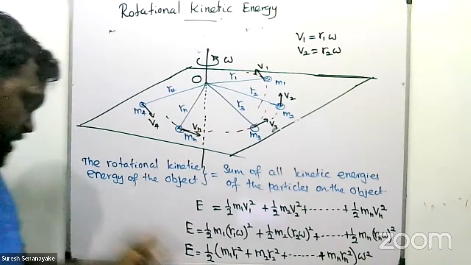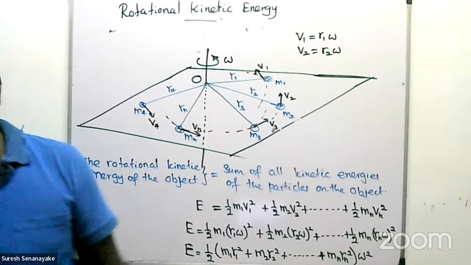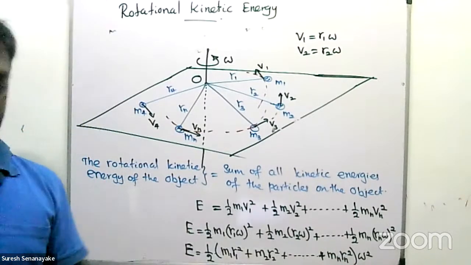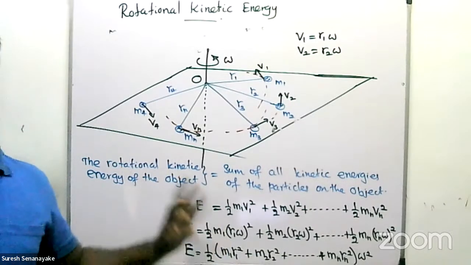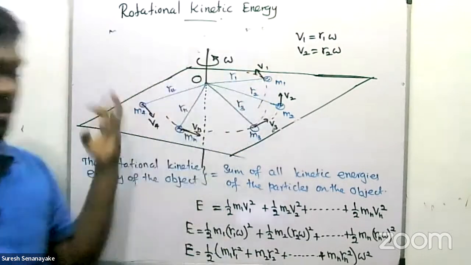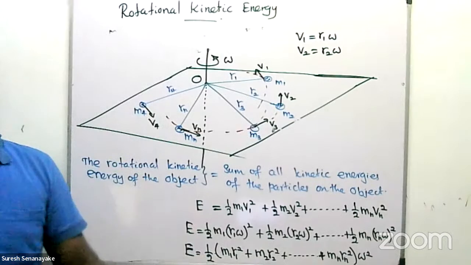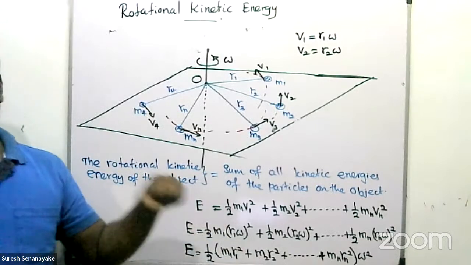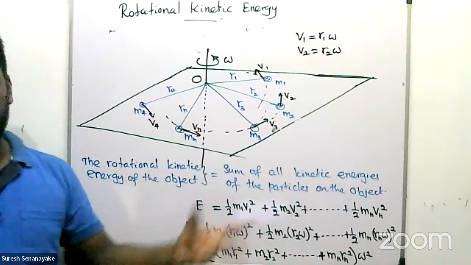We know this m1 r1 square plus m2 r2 square plus up to mn rn square is the moment of inertia of the system of particles in this object. Now this is the moment of inertia of the rigid body we are considering. So you can write the rotational kinetic energy as half I omega square.